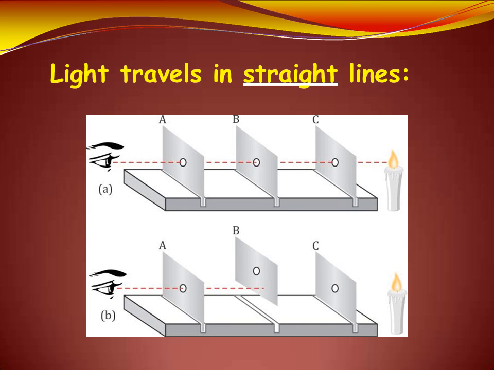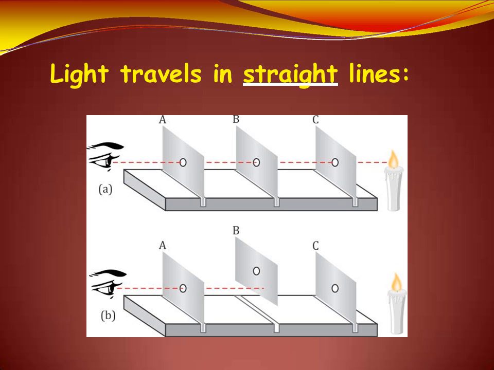As we discussed, light travels in a straight line. We can do a cardboard experiment here. In this experiment we have a base, and we have placed three cardboards of similar size, each with a hole in the middle: board A, board B and board C. On the extreme right-hand side we have placed a candle, and it is lit.